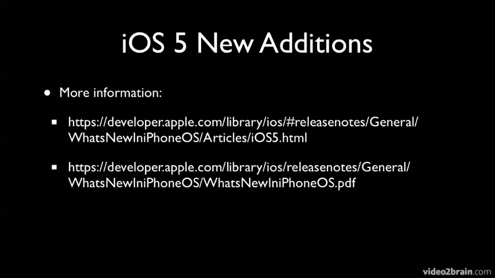The second link points to a PDF, which is effectively the long version of the previous information and is also what is downloaded when you click the download button at the top right of the screen in the previous link. And of course, the booklet provided with the course will have some more information from me about how you can use some of the other additions to iOS 5 within your applications.